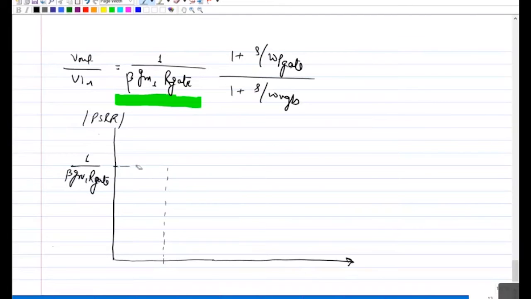So let me use a different color. And then you have a zero. It will do like this. And let's say this is my omega UGB.